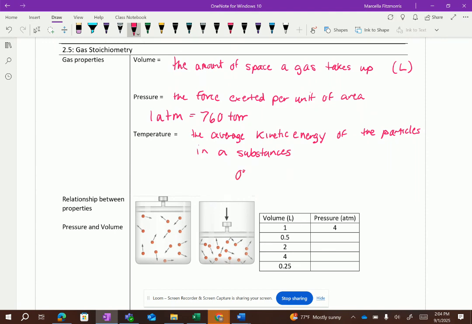Normally we use Kelvin to measure this, where 0 degrees Celsius equals 273 Kelvin. Okay, so these three are related to each other. How much space something is going to take up, the force exerted, and the kinetic energy, which is how fast it's moving, affect each other.